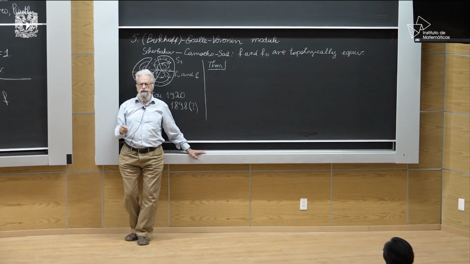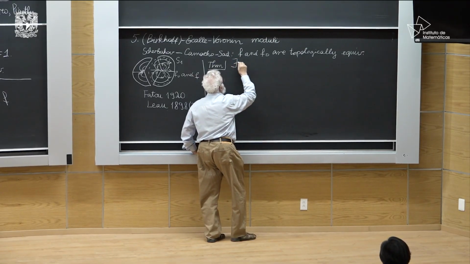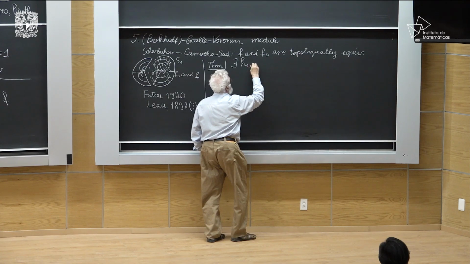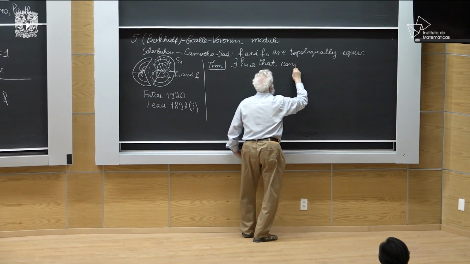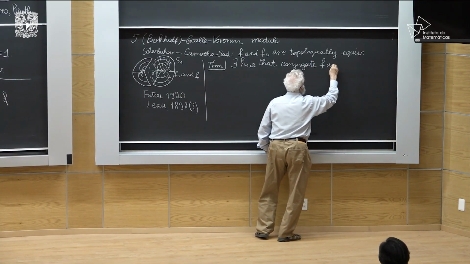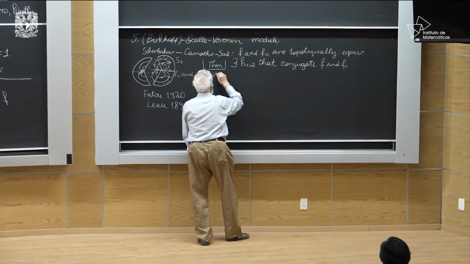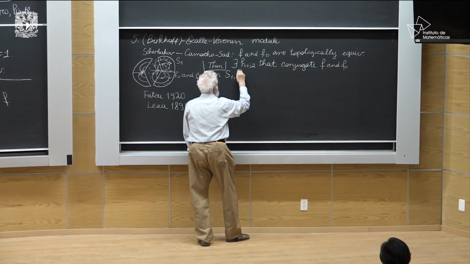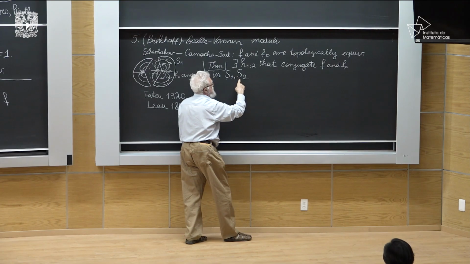Namely, F and F0 are analytically conjugated not in the full neighborhood of 0, but in two sectors, S1 and S2. H1 makes the conjugacy in the sector S1, H2 in the sector S2.